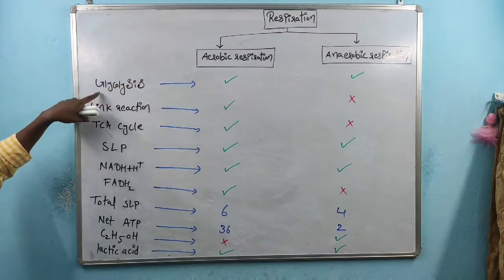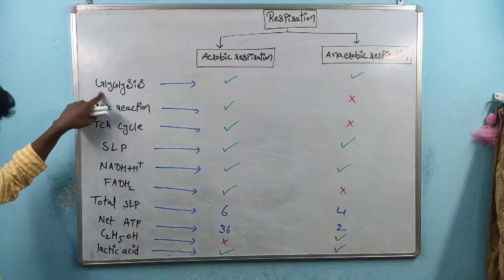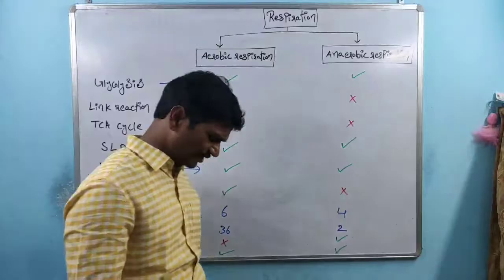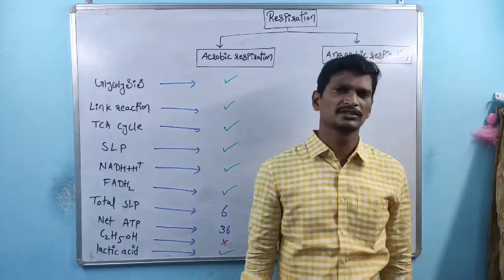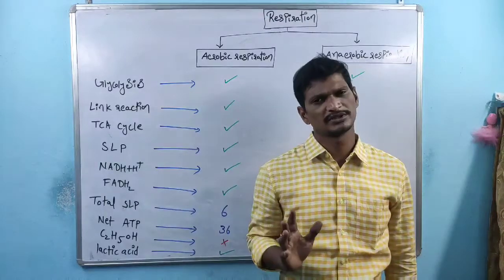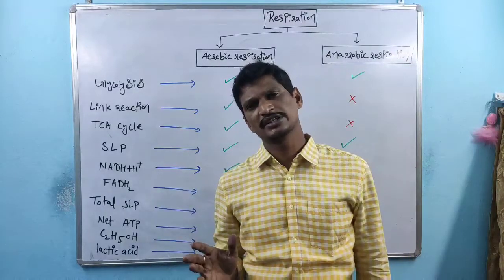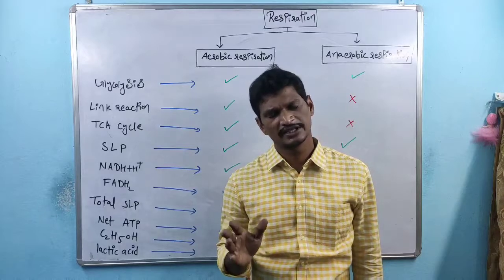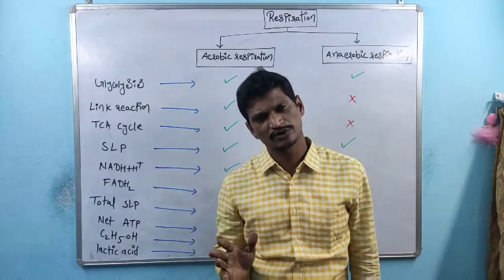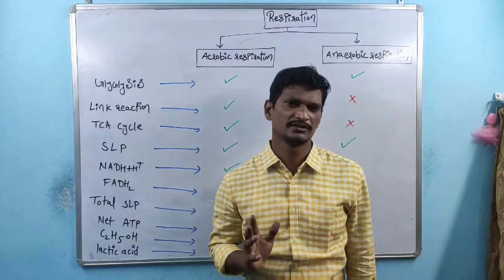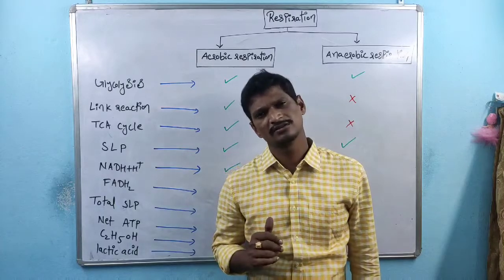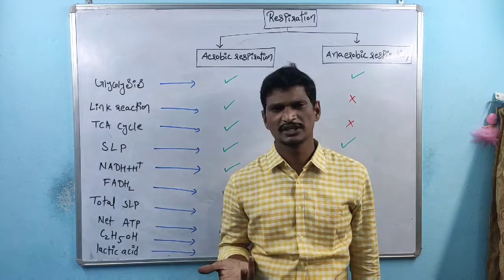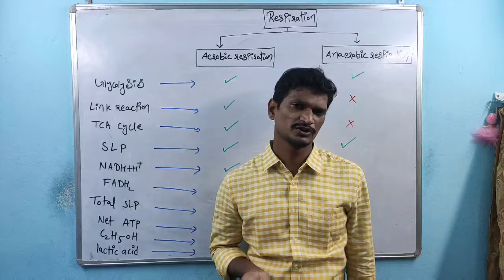Definitely, in both aerobic and anaerobic respiration, glycolysis takes place. In aerobic respiration, the glycolysis product enters the TCA cycle. If glycolysis produces alcohol or lactic acid, that is the anaerobic respiration process.